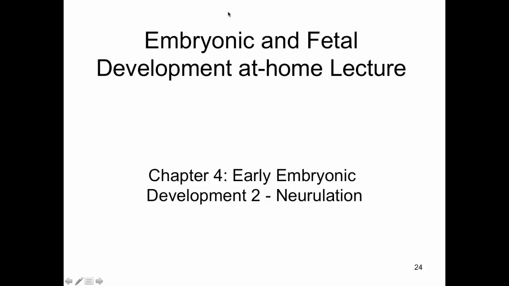Okay, so chapter 4, we're continuing this early embryonic development stage. And right now we're going to talk about the formation of the central nervous system, okay? Actually, the central and peripheral nervous system. It's a process that we call neurulation.